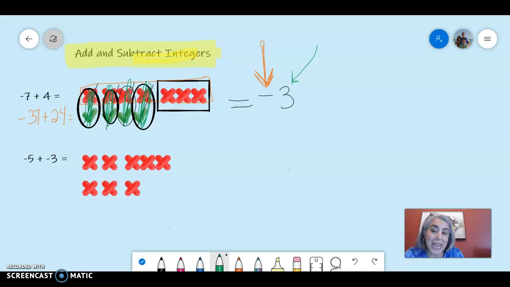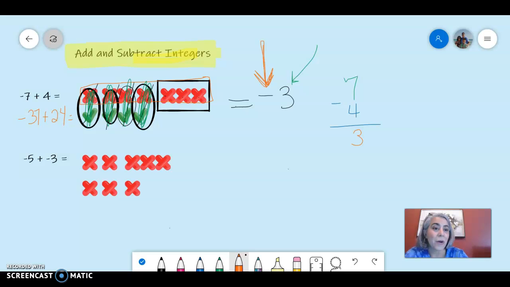To get the 3, mathematically I take the larger amount of soldiers, which is 7 of those negative soldiers, and I take away from it the 4 positive soldiers. And of course 7 minus 4 leaves us with 3 remaining soldiers.